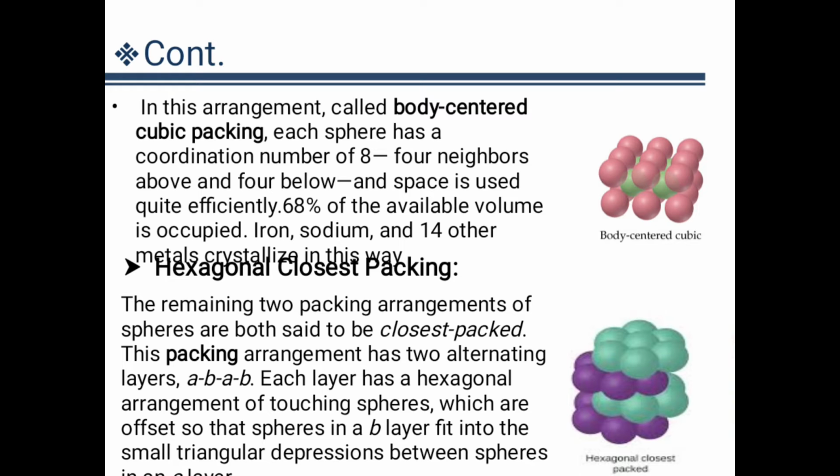Iron, sodium, and 14 other metals crystallize in this way.